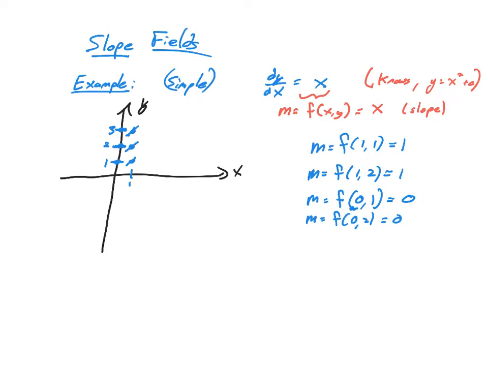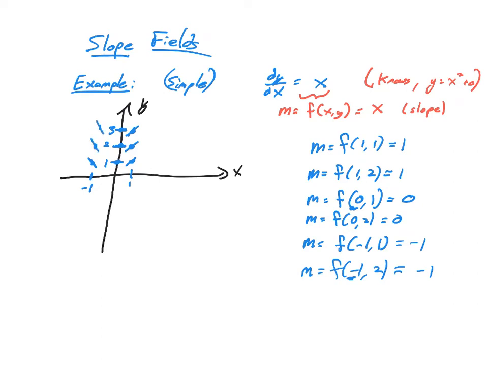Now let's go back 1. The slope at negative 1, 1 is just negative 1. So I'll make this a little bit exaggerated and move it a little bit more to the left so we can see it. So at negative 1, 1, the slope is negative 1. And the slope at negative 1, 2 is also negative 1.